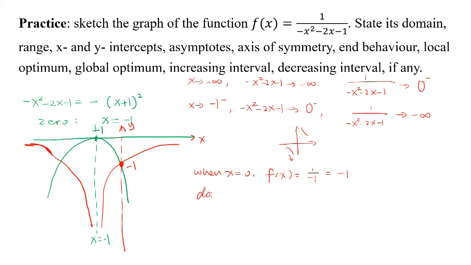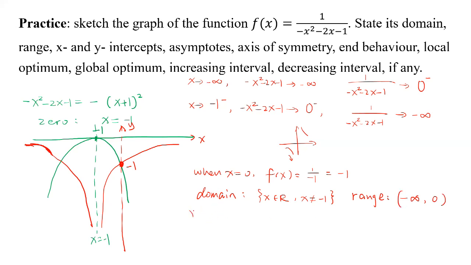Okay, so let's make a summary of the key features. The domain is x belongs to the real numbers, but not -1, right? Okay, range is from -infinity to 0, exclusive.